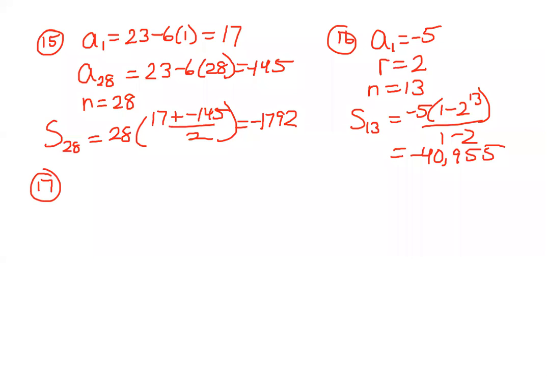All right, 17 is arithmetic, so we need the first term, which we're going to substitute a 1 in for C. And we're going to get negative 5/12. And we need the last term. Oh, I did that wrong because we're not starting at 1.